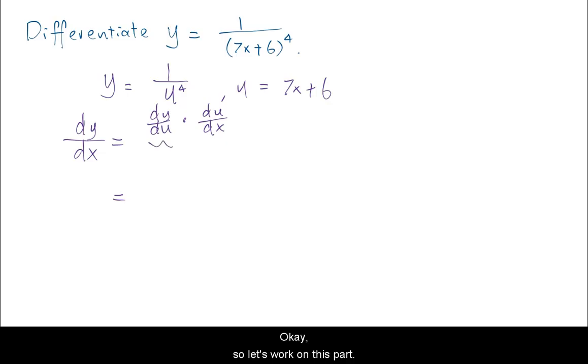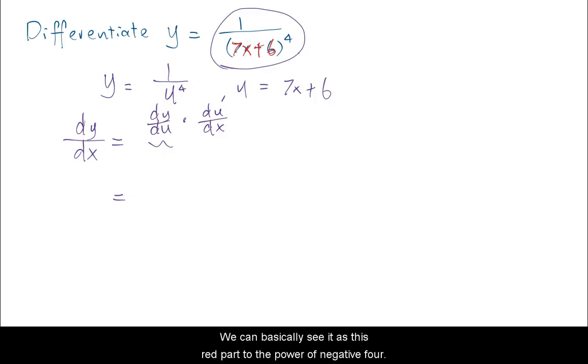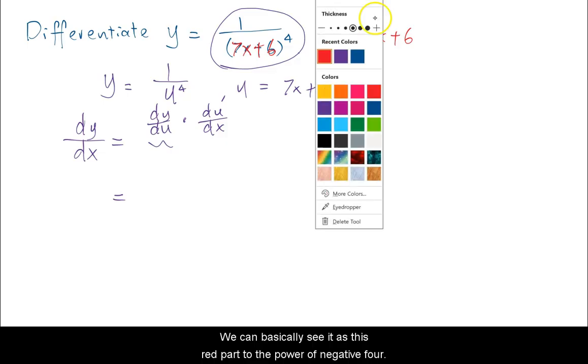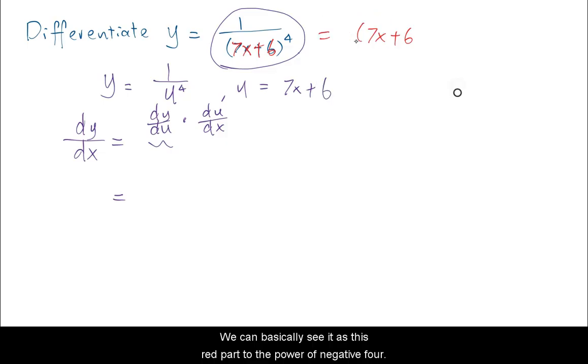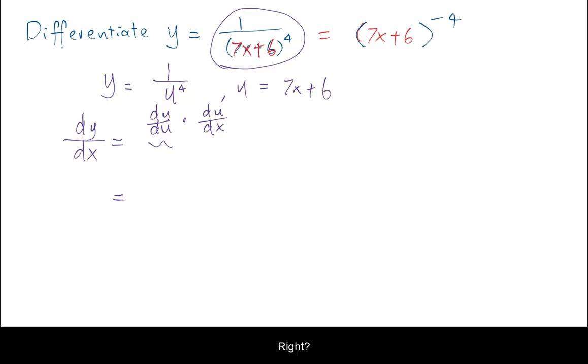Okay, so let's work on this part. I'm not going to write down u. Okay, so first we're going to find the derivative of this function with respect to the red part. So that is equal to, we can basically see it as this red part to the power of -4, right?